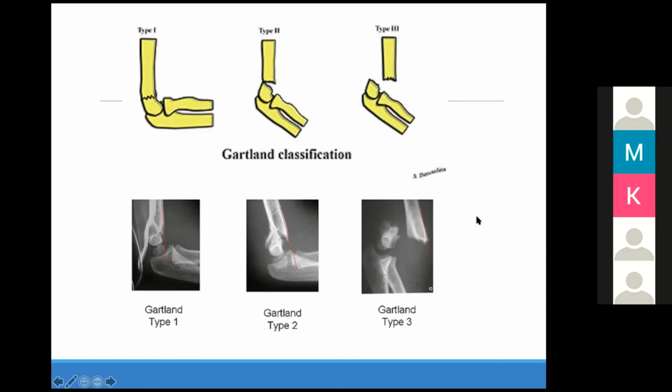What else? What else do you have around the elbow? Some important structures. You have some nerves. Does anybody know which nerves? Radial. Yeah, right.